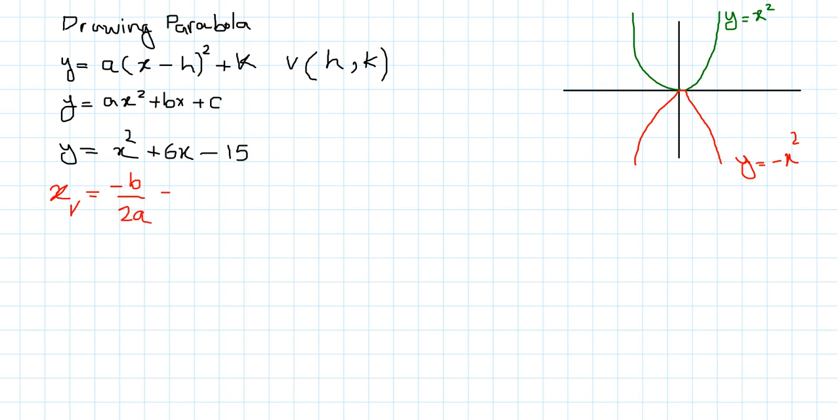What is minus b? b is here 6. Minus b is minus 6 over 2a. 2 times 1 is 2. It is minus 3.